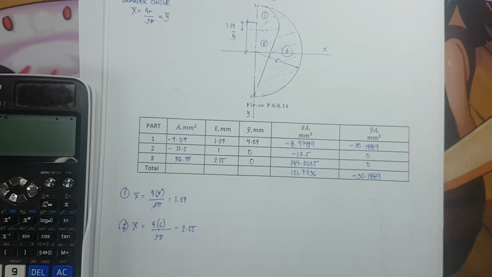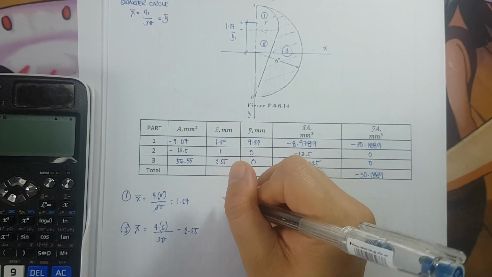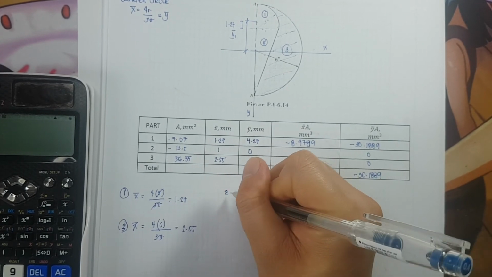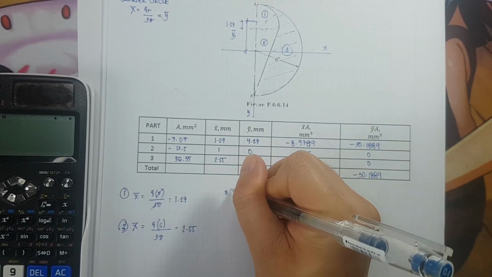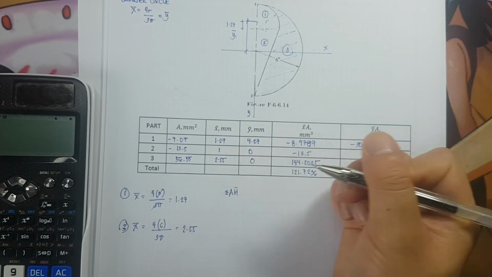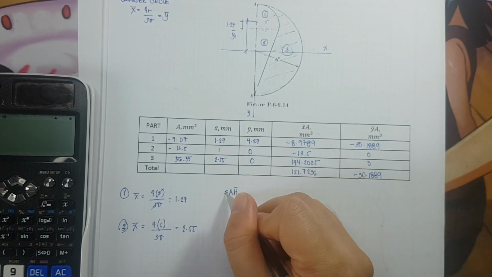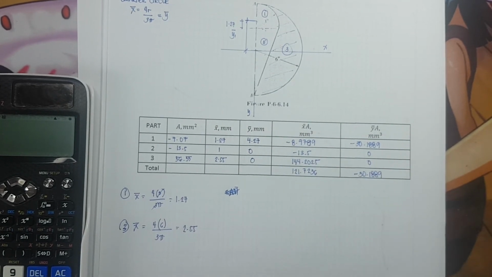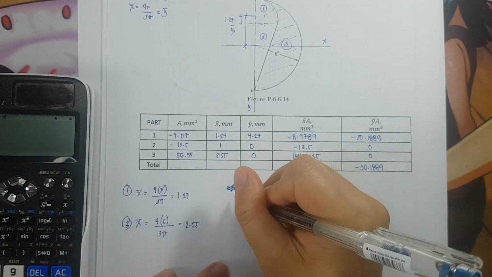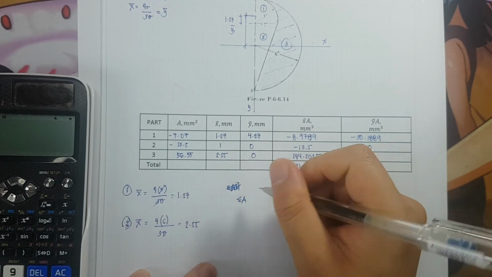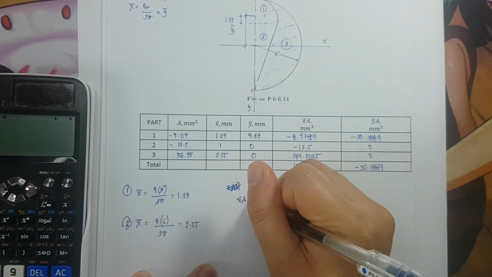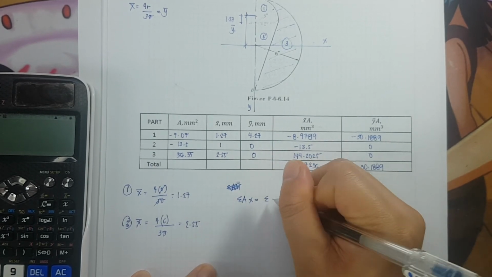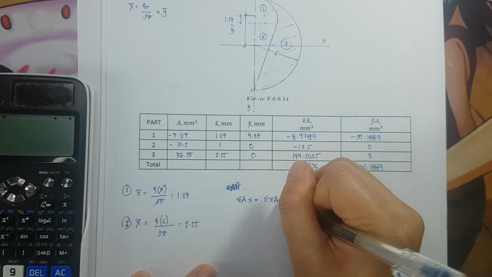By Varignon's theorem, the summation of area times x is equivalent to the summation of x bar times the area.